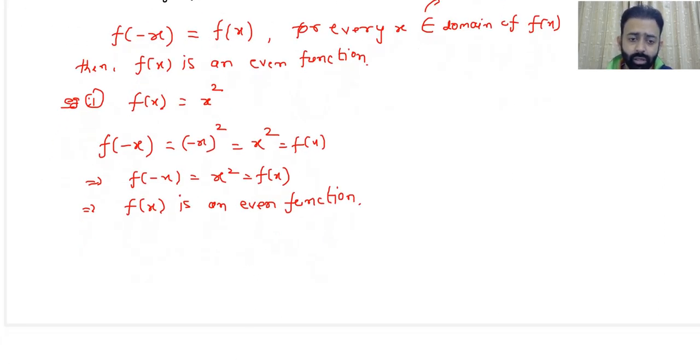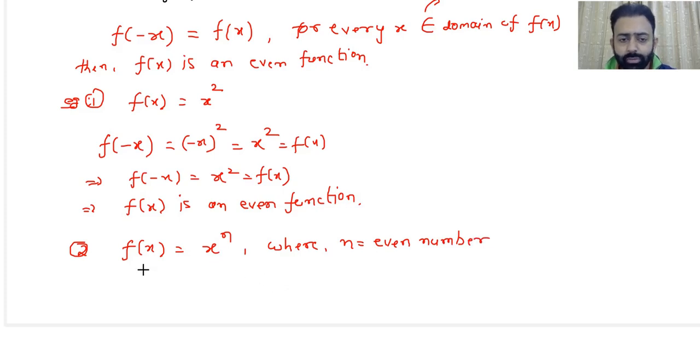Second example could be any polynomial function. Just like this is a polynomial function, you can take any polynomial function whose degree is an even number. What I mean to say is that if f(x) is equal to x raised to power n type, where n is an even number, then this function will be an even function.